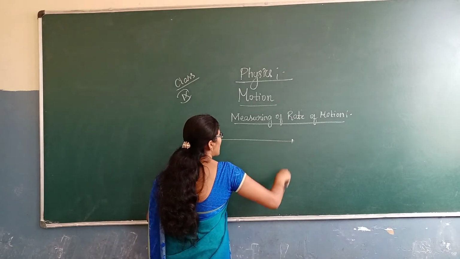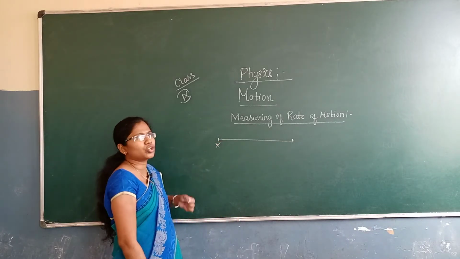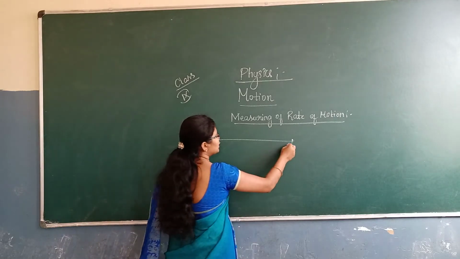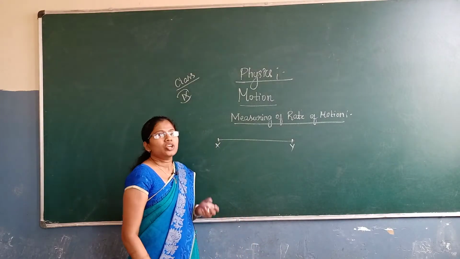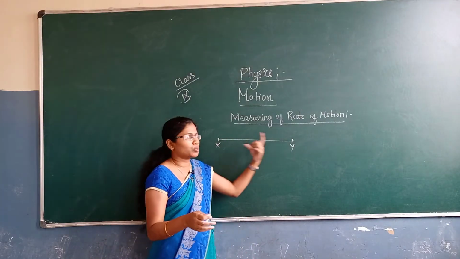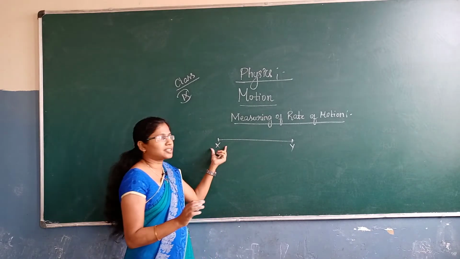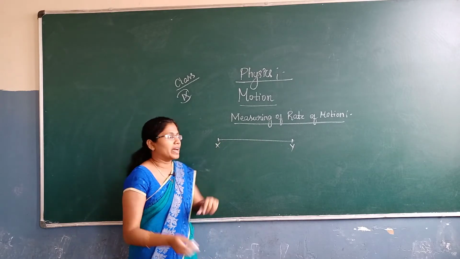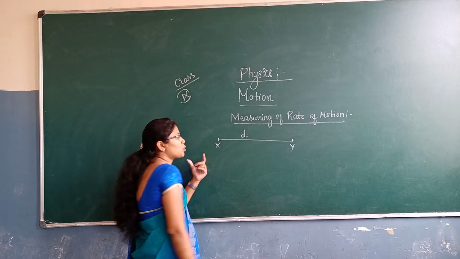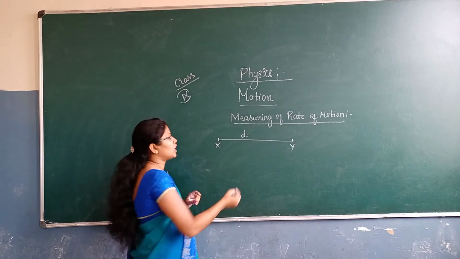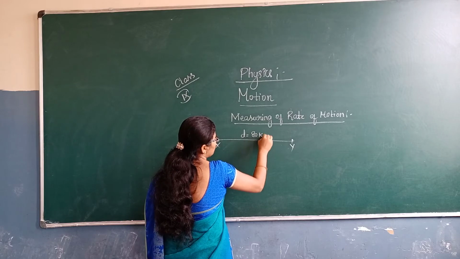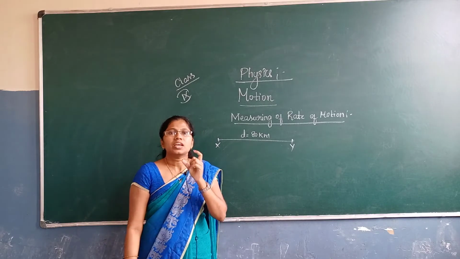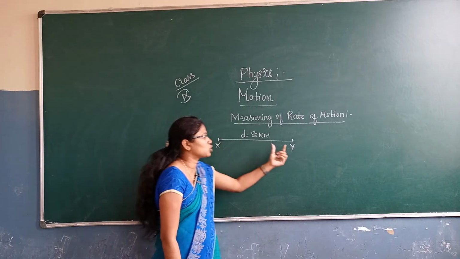Let us assume that the object has started its journey from point X and it has moved up to point Y. To move from point X to point Y, the object has covered a distance of 80 kilometers.